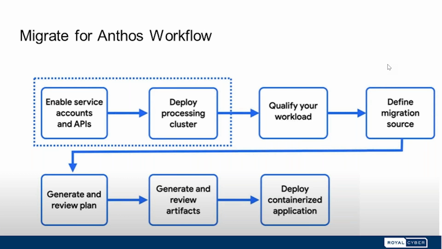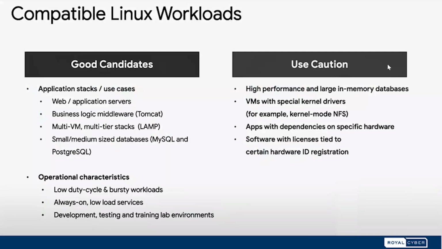Once that is done, we're going to generate and review the migration plan, and then based on that plan, we will review and generate artifacts, which will include all the required files, such as the Dockerfile, the Kubernetes deployment YAML, and other related artifacts which will be used to finally containerize and deploy that containerized application which was initially running in a VM. So this is the entire workflow which is going to be used in Migrate for Anthos.